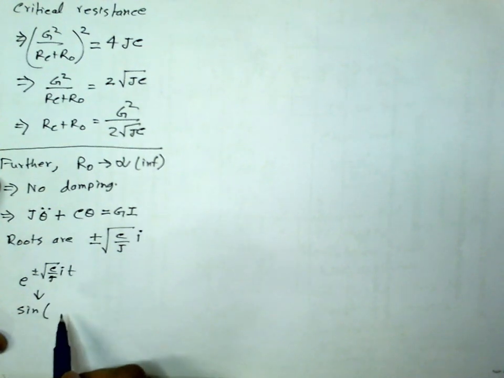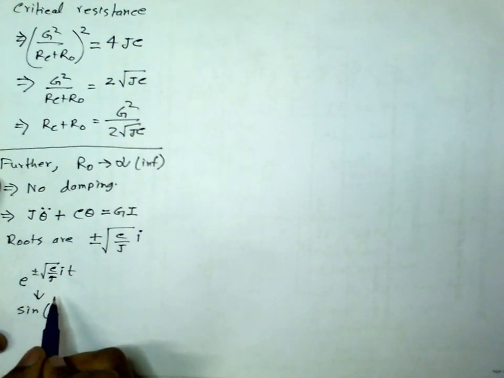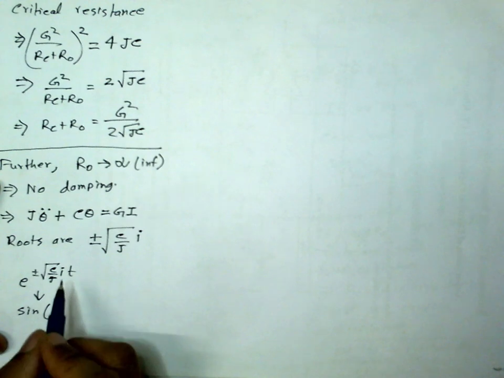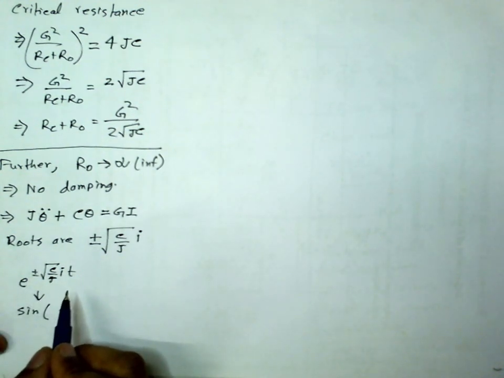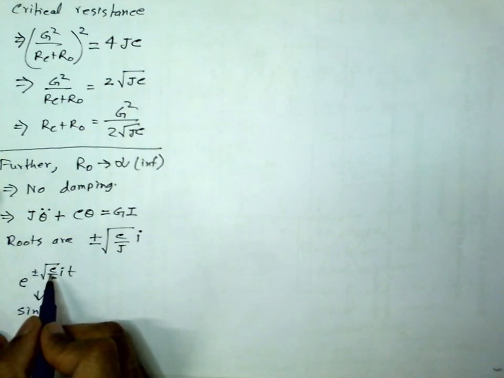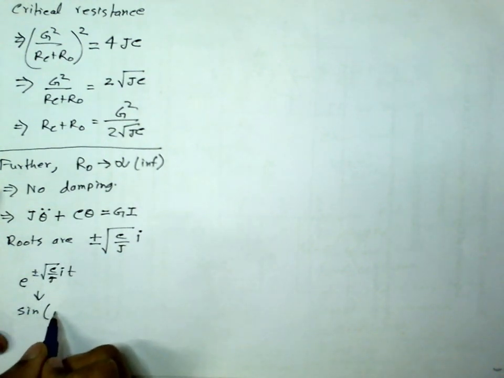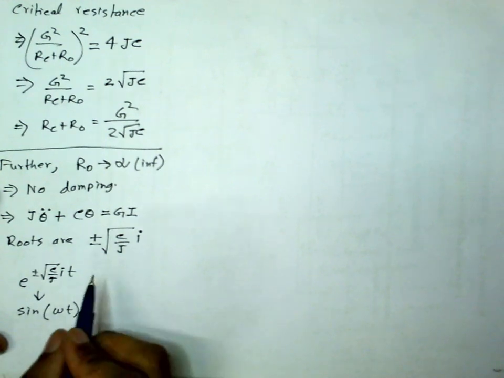I'm not doing the detailed derivation here because that we will do in the theory class, and you also know it from your previous signal networks course. So that will be of this form, omega t, sine or cos.